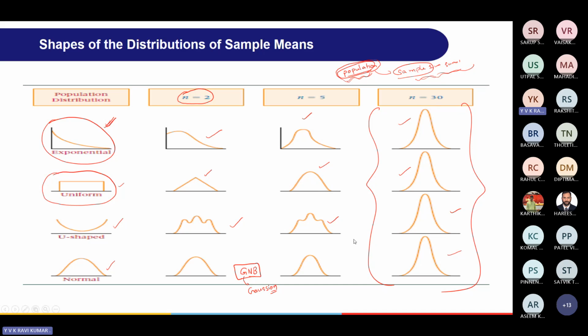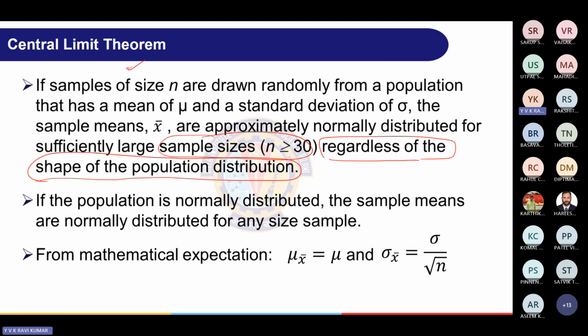Once it reaches 30, if you see, from 5 onwards, slowly it is moving towards normal. Once it reaches 30, no one can stop it. It will be like a normal distribution. That is what is justified by the central limit theorem. It is giving us that permission. Okay, good.